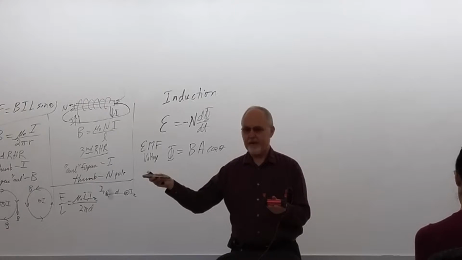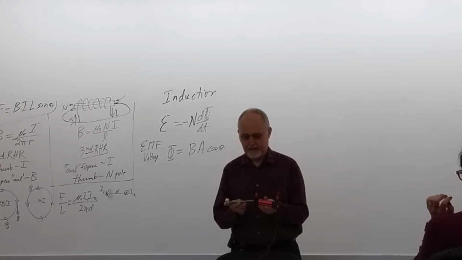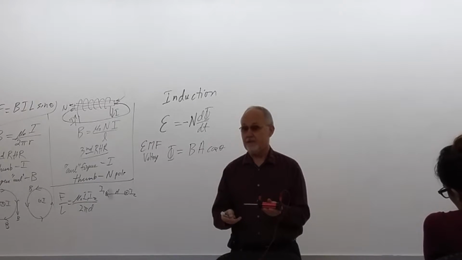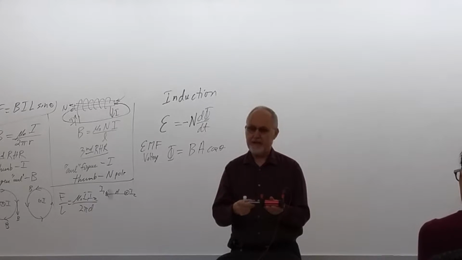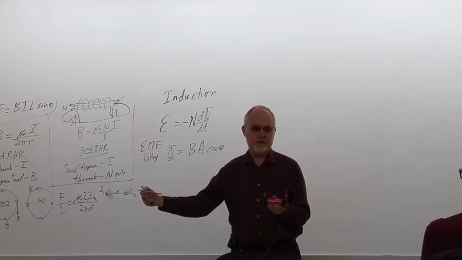But I'm going from very, very little out here to a whole lot as I push it in, and therefore there's a change. Or when it's inside, I've got basically all the magnetic flux inside the coil, and I pull it out, and it goes to zero flux.